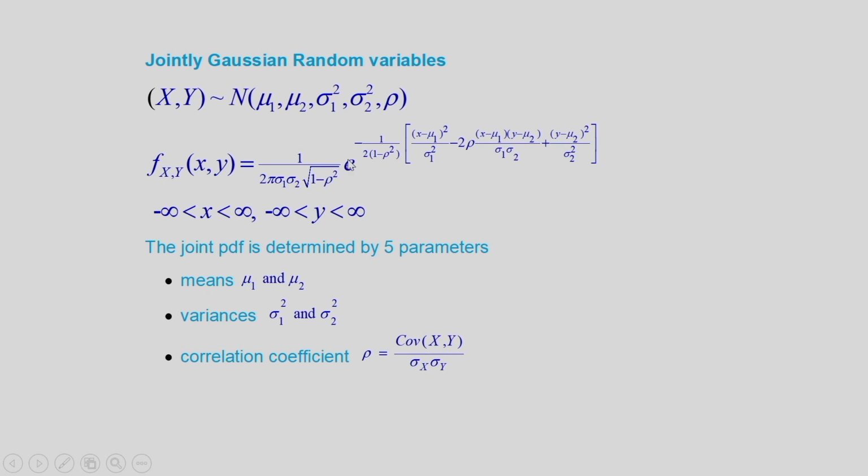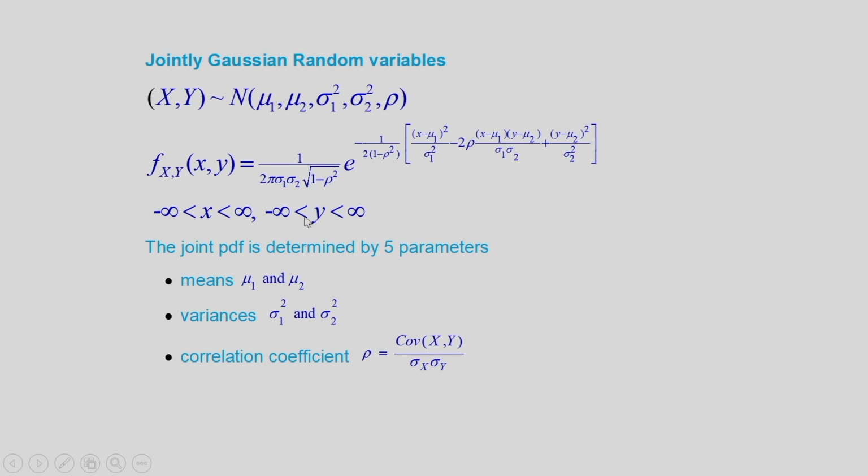It is exponential with negative quadratics in x and y, and there is a normalizing factor 2 pi sigma 1 sigma 2 into root over 1 minus rho square.